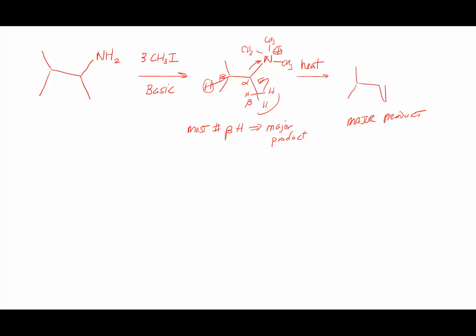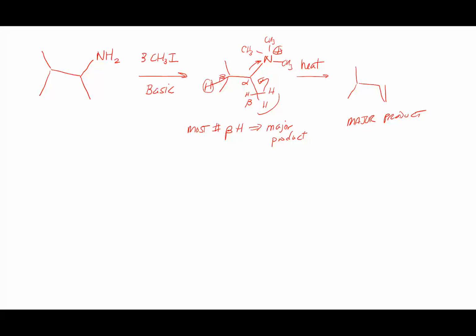So we changed the rules in Hofmann. It's not about the more stable product, it's more or less about the transition state energy, but there's no base to remove it, so we don't take that into account. Okay?